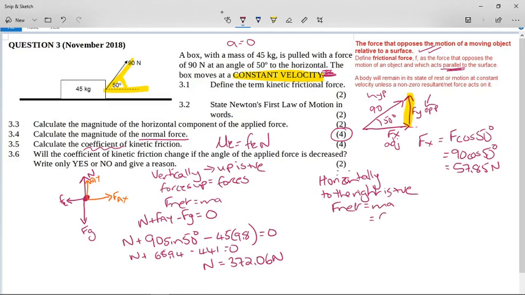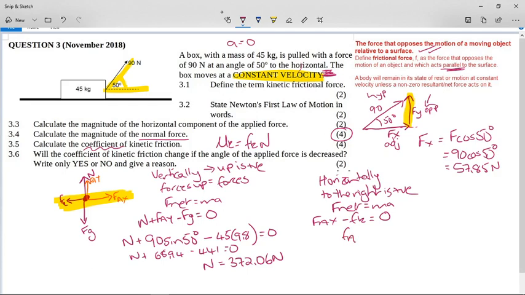So there is no acceleration, so my force F_Ax minus my force of kinetic friction. Can you see in the diagram here? These are my only two forces in the horizontal plane, and they are going to add up to 0 because the box is moving at a constant velocity.